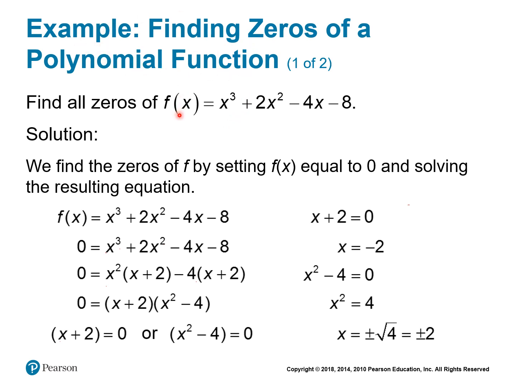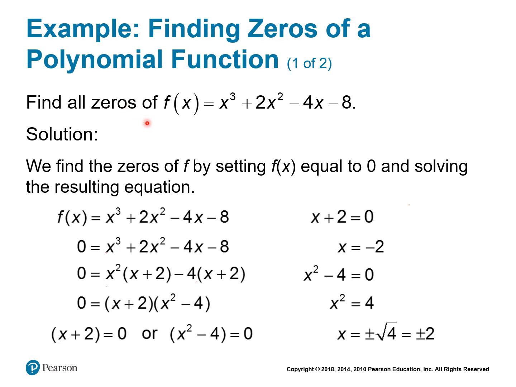The function given to us is f of x equals x cubed plus 2x squared minus 4x minus 8. So recall we said that the zeros are points on the x-axis where the graph will touch the x-axis, and on the x-axis the y value or f of x value will be 0.